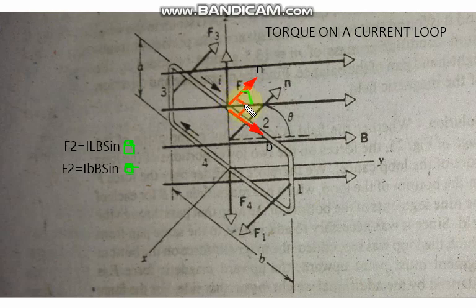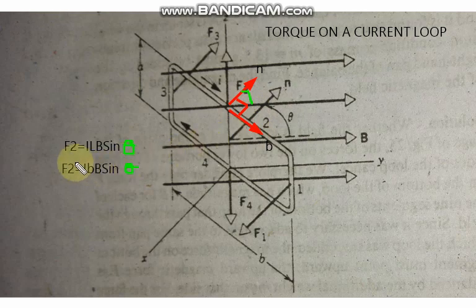This would be equal to 90 minus theta. 90 minus this theta will give you this angle. Or this 90 angle is made up by this theta plus this angle, which is the angle between capital B and small b.